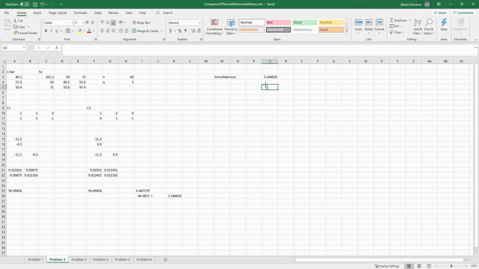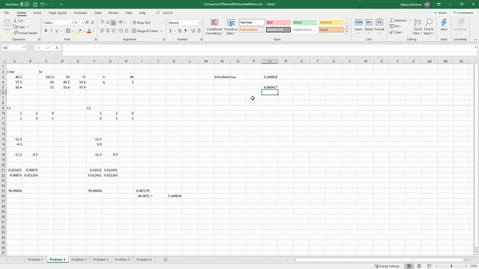So what we need is n minus 1, q minus 1. So 40 minus 1 times 3 minus 1 divided by n minus q plus 1. This is our constant, and in the end we need to multiply with this. The covariance structure is something that we already know. It is given in the formula.